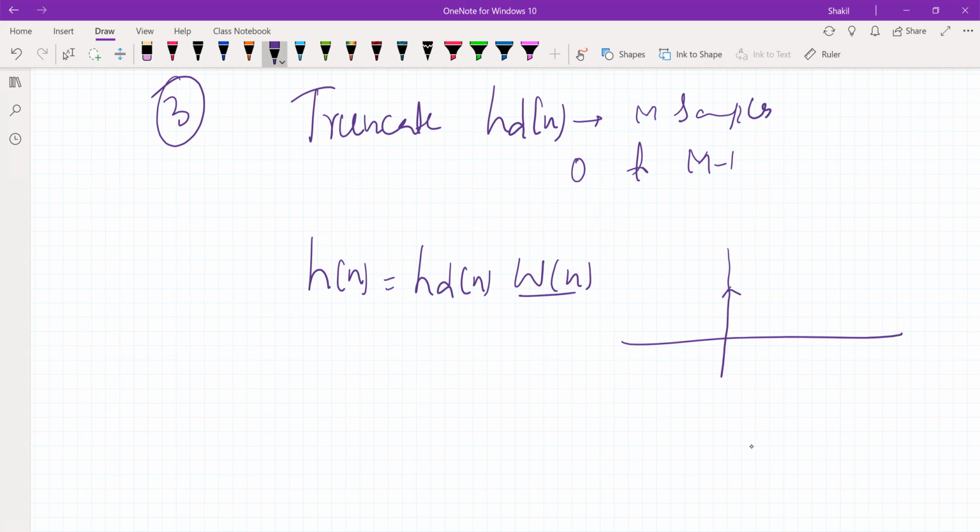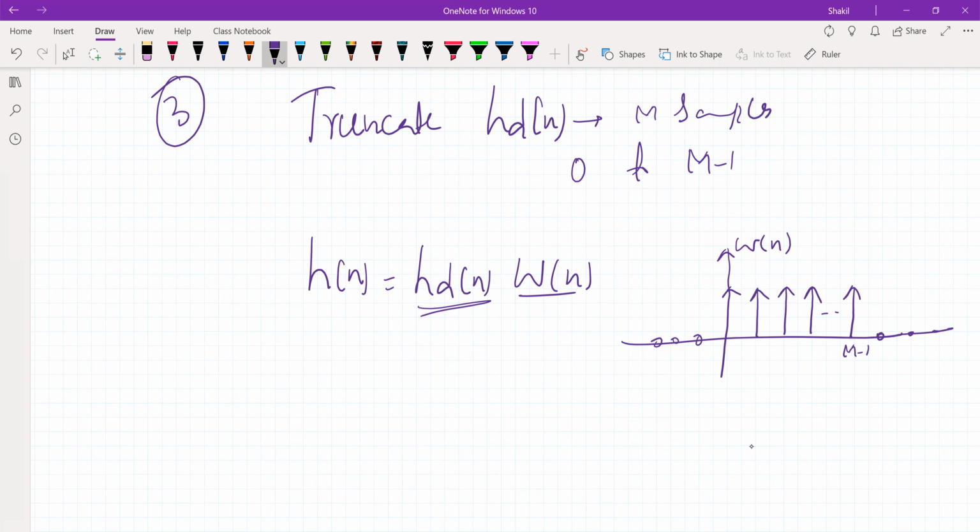We say this rectangular window has duration of M samples, and the rest of the samples are 0. So we multiply w of n with this HD of n, and we get the finite duration impulse response of our desired filter. Alright, so these are the steps.